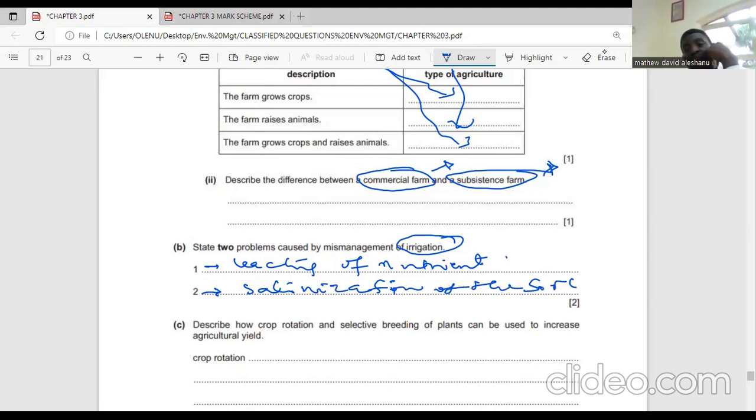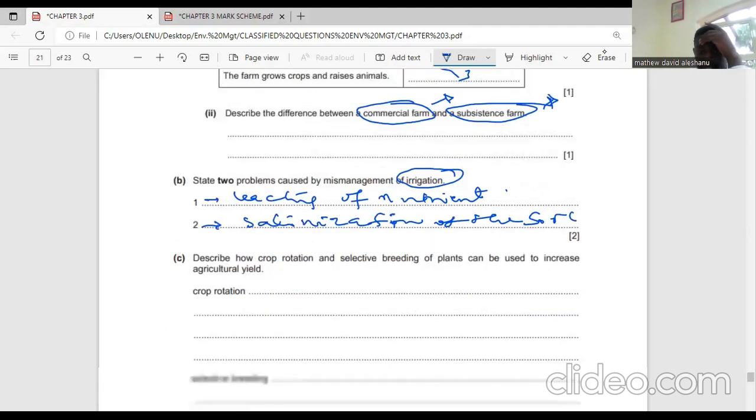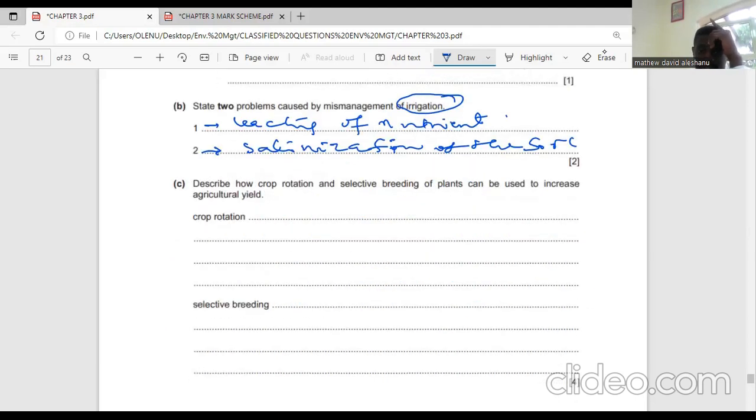That means the soil will have a high amount of salt, which will no longer be suitable for cultivation. Mismanagement, like flood irrigation, can also make the soil waterlogged and eventually lead to soil erosion, that is, the soil can be washed away.